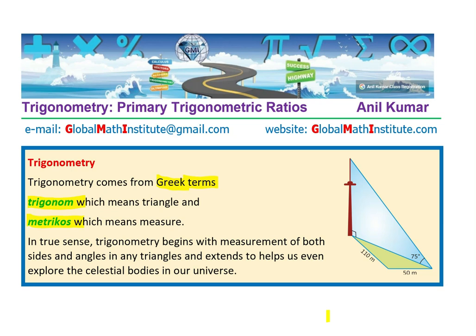Trigno means triangle, and metro comes from measurements. So, all the measurements in a triangle. In a triangle, there are six measurements to be done, three sides and three angles. With the help of trigonometry, we can actually find the value of all the three sides and all the three angles.